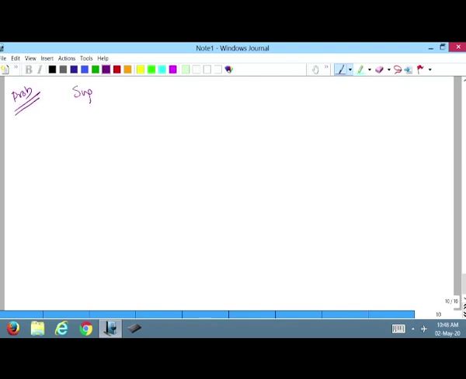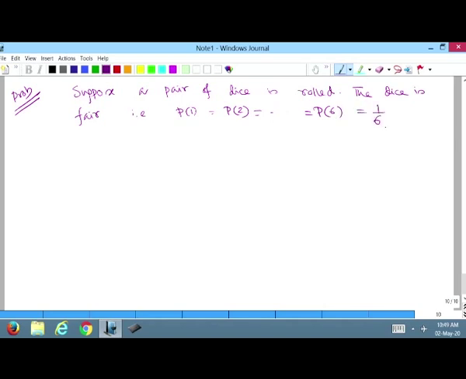Suppose a pair of dice is rolled. The dice is fair, that is, probability of 1 is equal to probability of 2 is equal to probability of 6 is equal to 1 by 6.